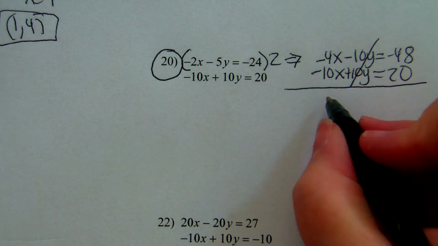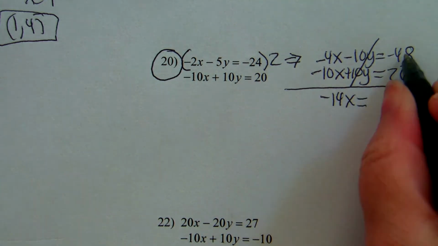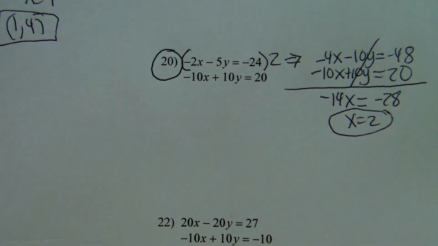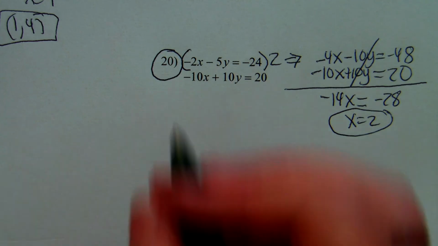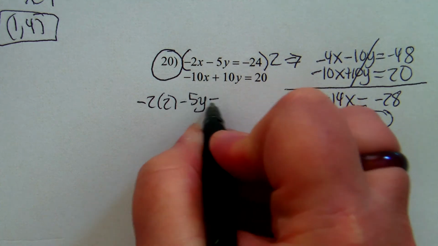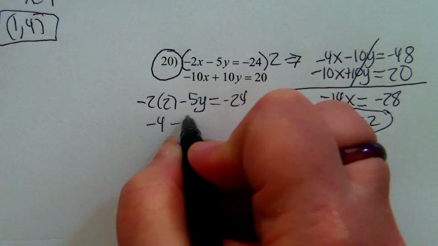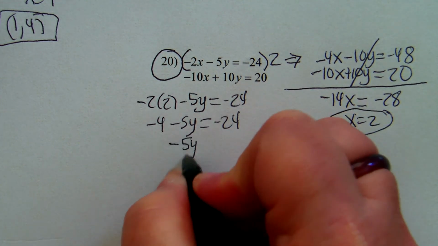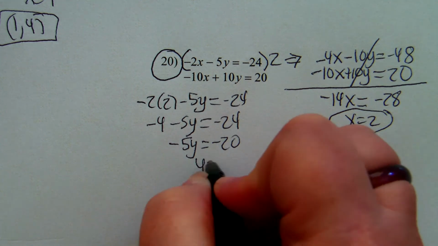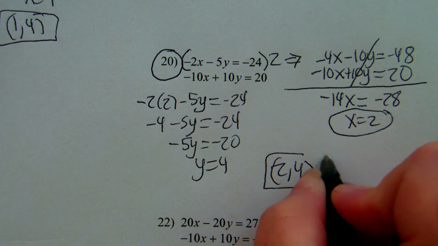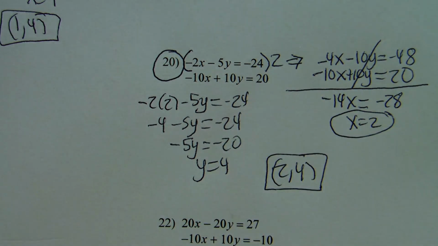And I get negative 14x equals negative 28, x equals 2. Then I substitute the 2 that I just found into the top equation. (2, 4), and if you want, you can substitute into one or both of the equations to check to make sure that it works.